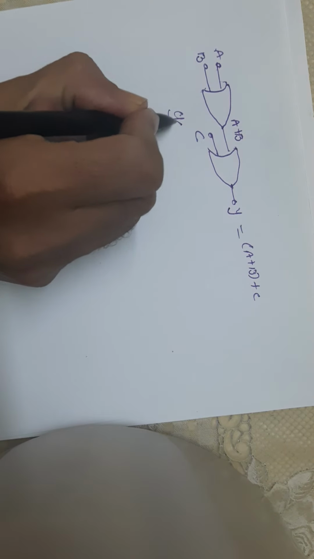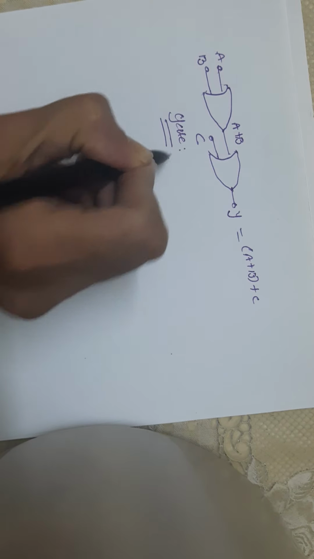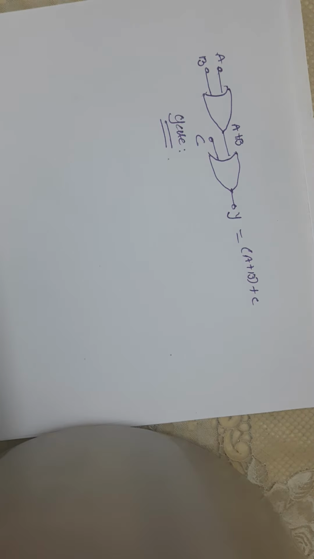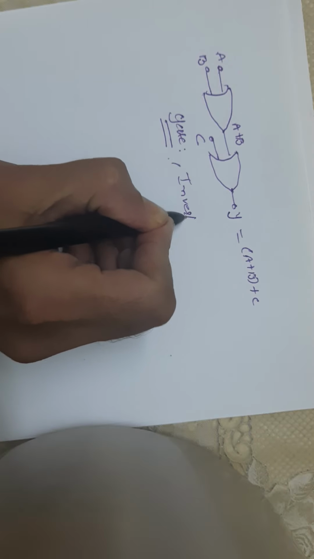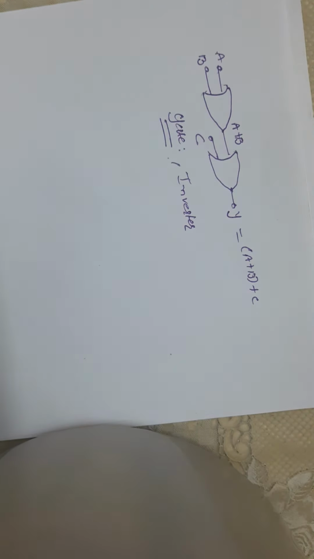Gate: a digital circuit with one or more input voltages but only one output voltage. Inverter: a gate with only one input and a complemented output.